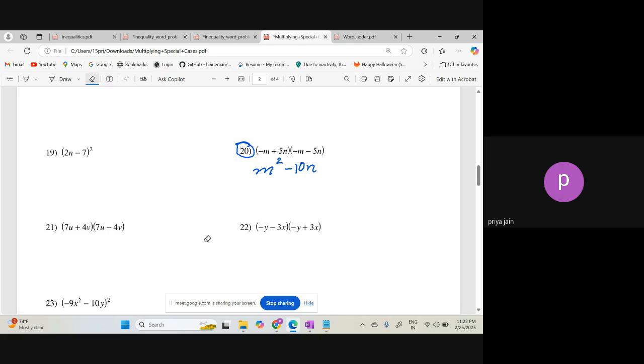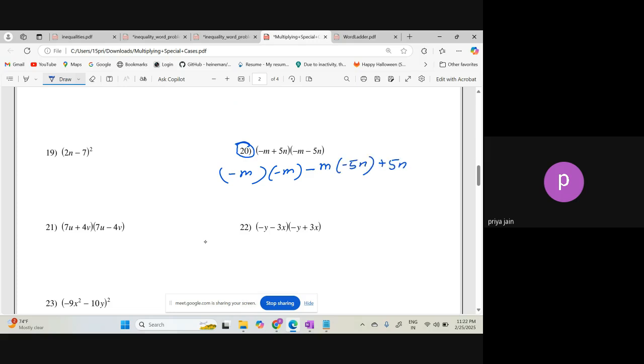Okay, let me show you how this will happen. This is going to be minus n times minus n, right? Then minus n times minus 5n, then plus 5n times minus n. That's going to be plus 5n, minus 5n.